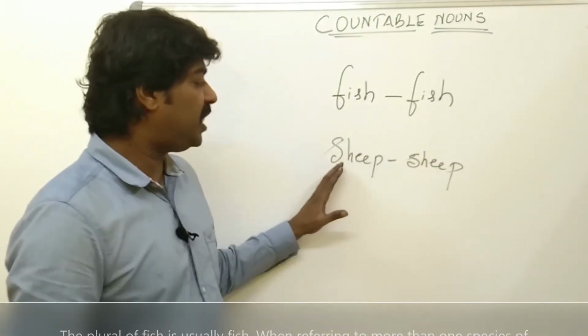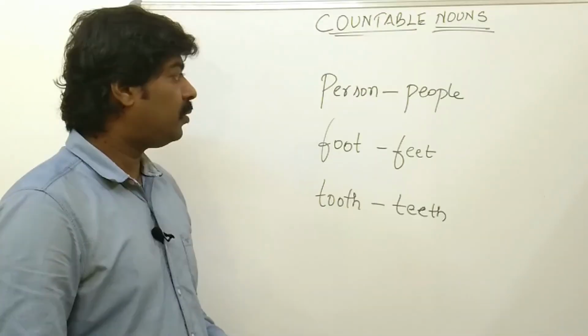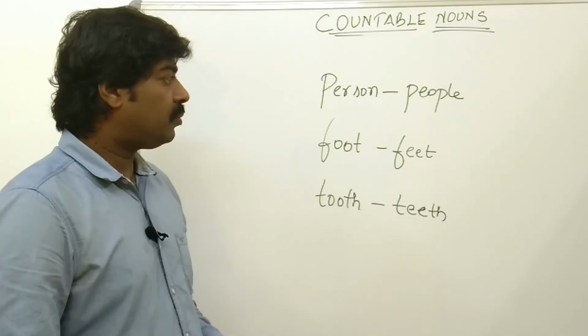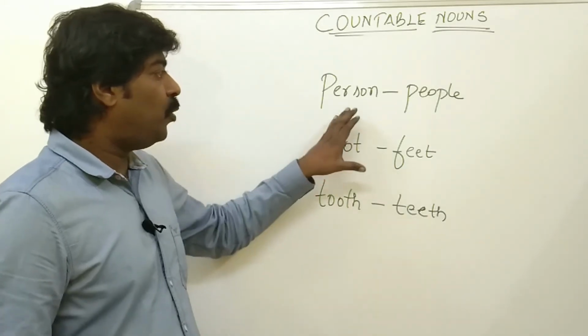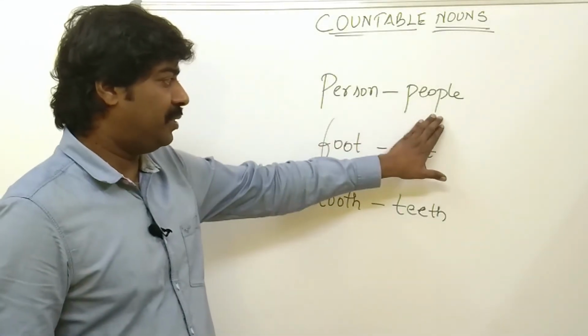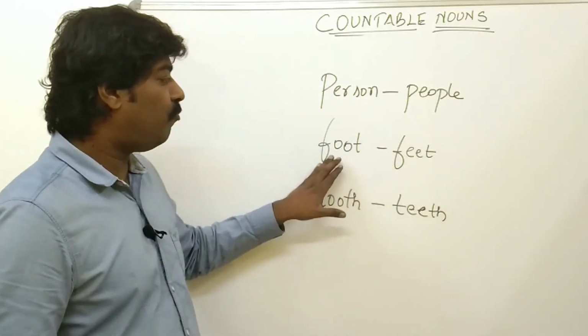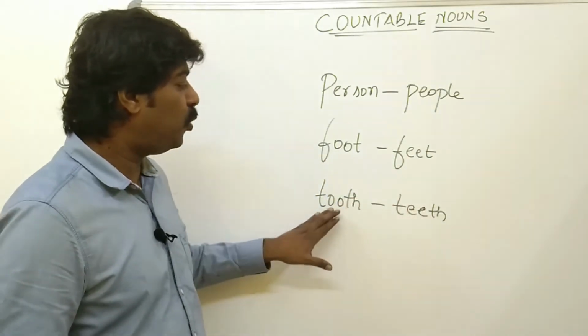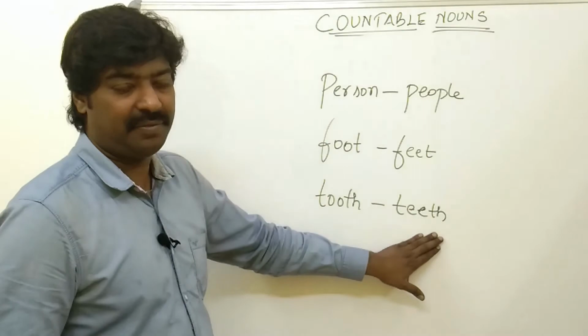The plural form of sheep is sheep. The plural form of person is people. The plural form of foot is feet. The plural form of tooth is teeth.